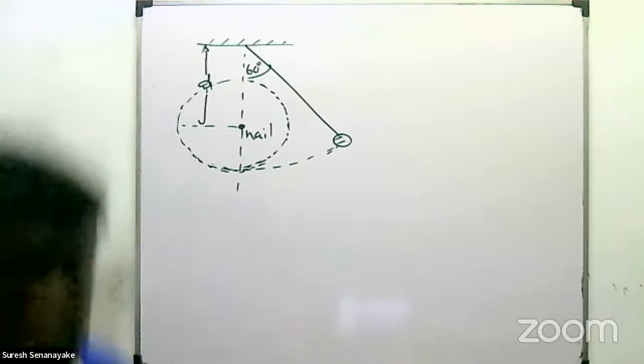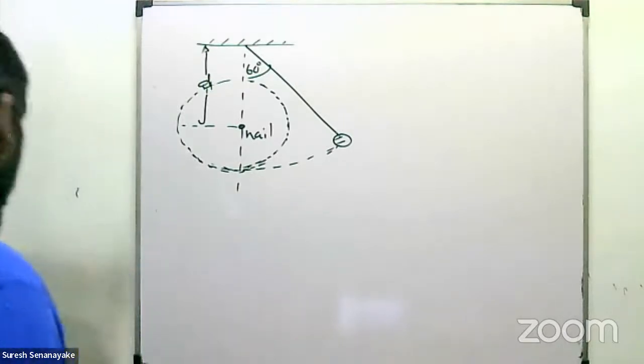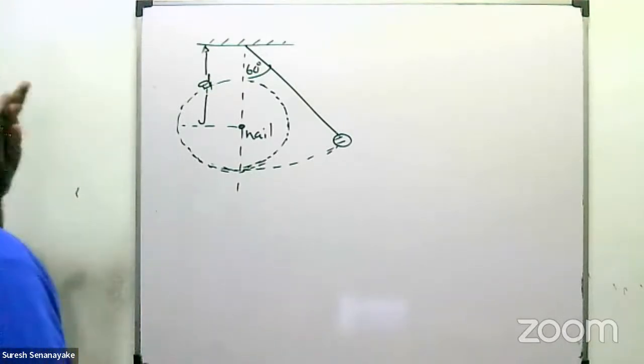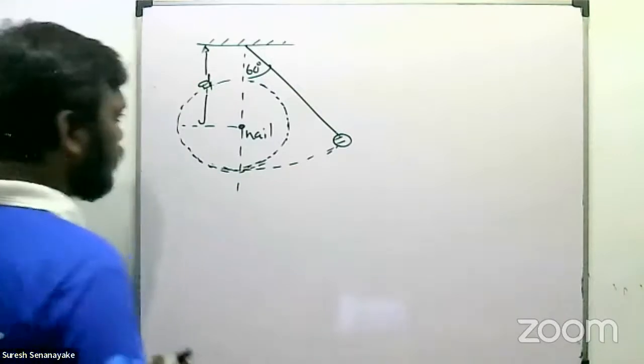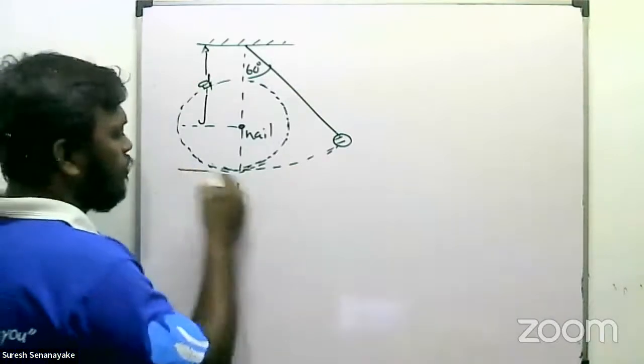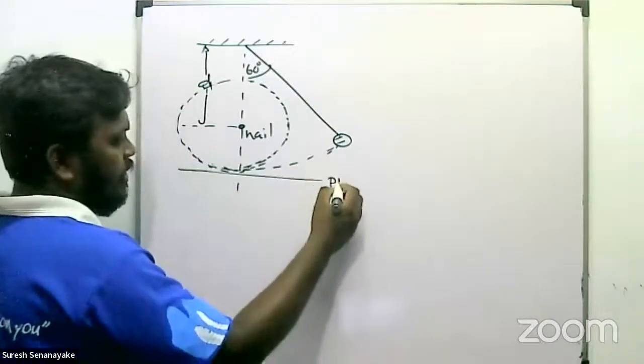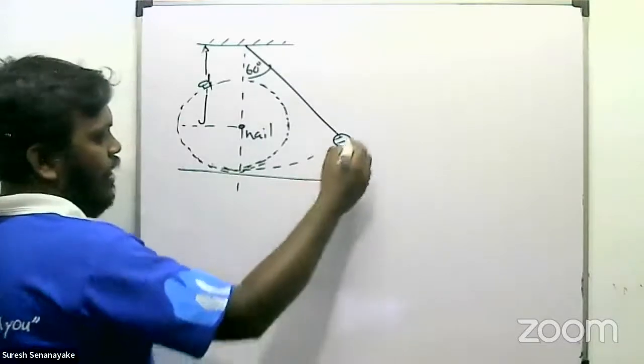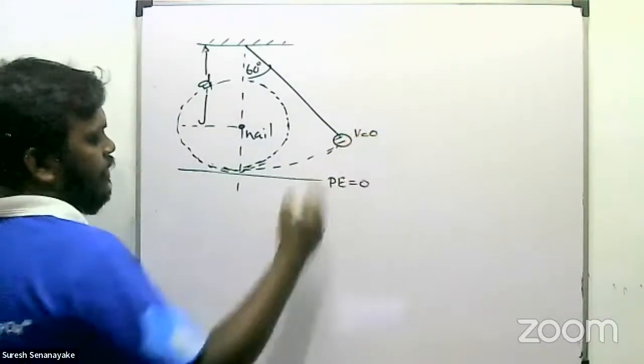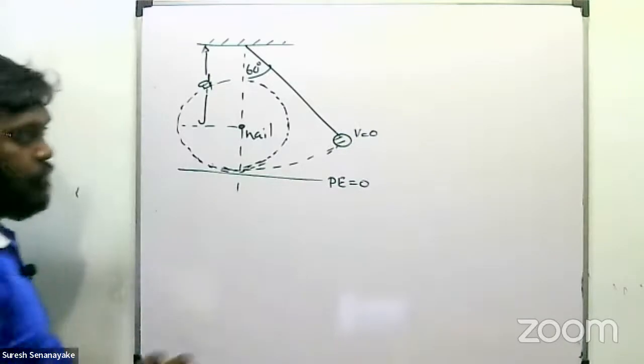How can we do this? Take the potential energy zero level at the lowest point. At this point it's released with no velocity, right?